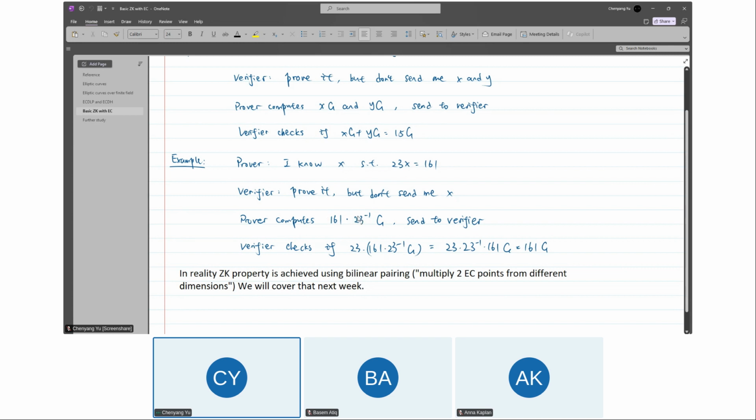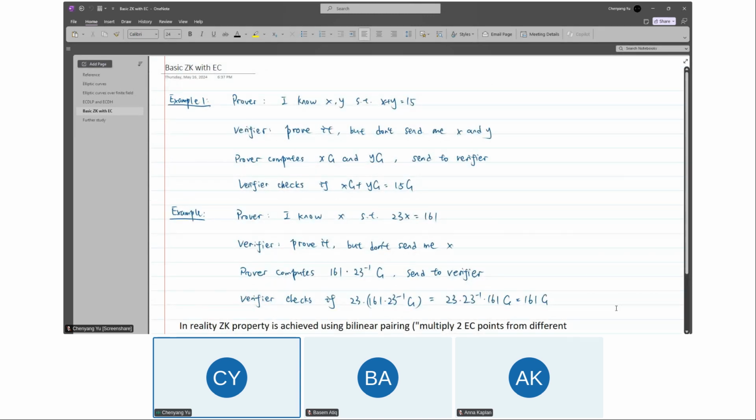The prover computes this number, in Python, 161 times pow(23, -1, curve_order). He sends this quote unquote encrypted data to the verifier. The verifier just multiplies by 23 on the left. If the final result equals 161G, we can confirm that this data is correct without knowing the actual value of x.